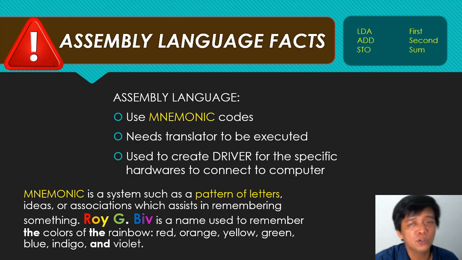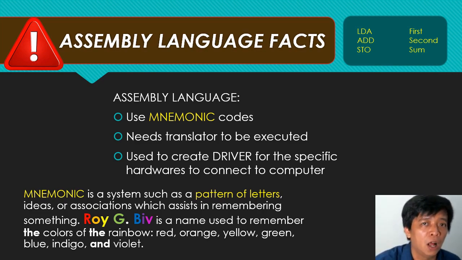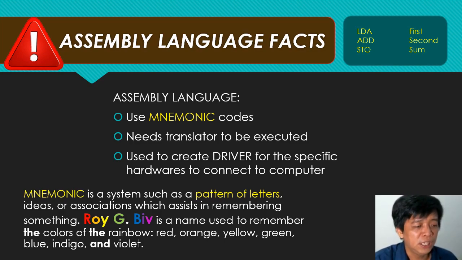It's a name used for you to remember the colors of the rainbow. You see, the R is red, O is orange, Y is yellow, G is green, B is blue, I is indigo, and V for violet.